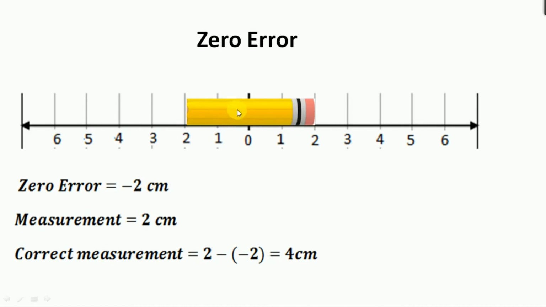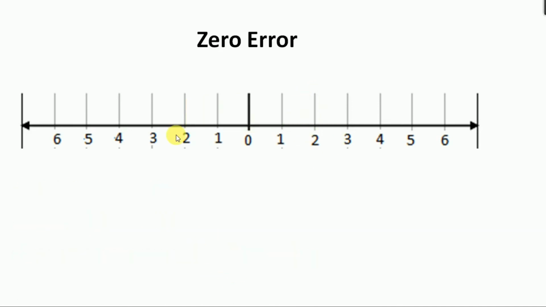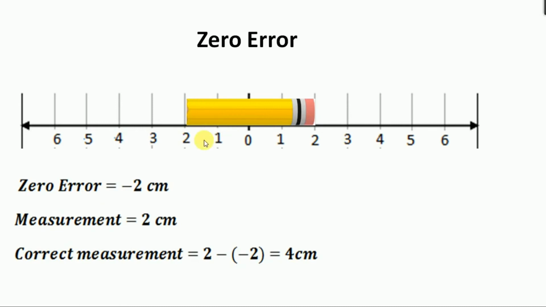It was going towards the negative side. I'm getting only 2, but the actual length is 4. So what should I do? I should add this 2. The error was -2, so I'll subtract the error, -2, and now I'm getting 4 centimeter. So this is the zero error. Zero error means whether you are starting from the reference point or not.